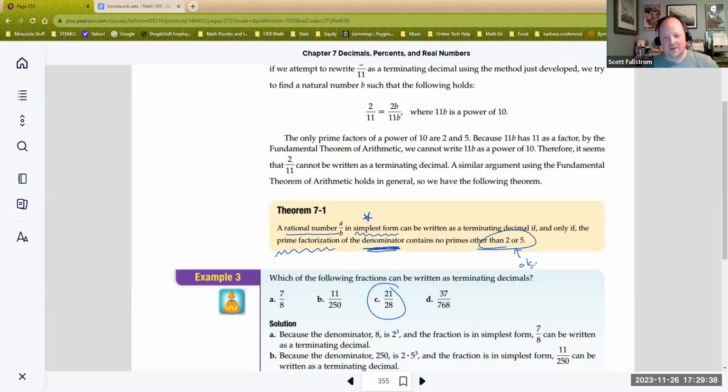These are okay. So when you start looking at some of these, like this one, 21 over 28. Here's what happens sometimes with students. They'll read part of the definition, 28, and they'll say, oh, that's 7 times 4, which is 7 times 2 squared. And they'll be like, uh-oh, it says it can't contain any primes other than 2 or 5.